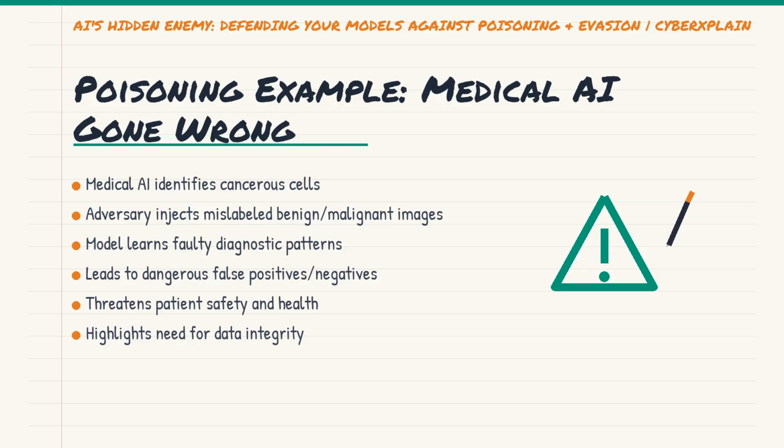The model learns faulty patterns. It might start missing actual cancers, false negatives, or falsely identifying healthy cells as cancerous, false positives. This isn't just an error, it's a direct threat to patient safety, potentially leading to misdiagnosis and severe health consequences. A real-world parallel could be how easily biased data can lead to disparate impacts in healthcare algorithms.